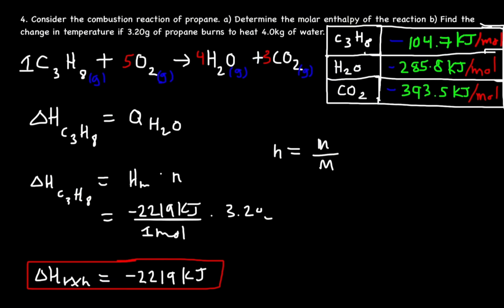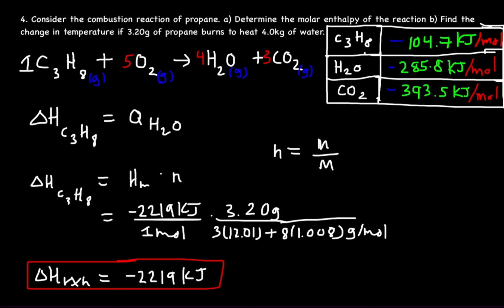Grams over the molar mass of propane. There's 3 carbons, so 3 times the molar mass of carbon, which is 12.01, plus 8 hydrogen, and the molar mass of hydrogen is 1.008, and they're all in grams per mole. So we can do a little canceling here.